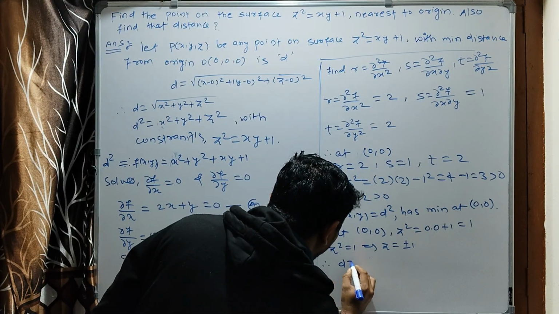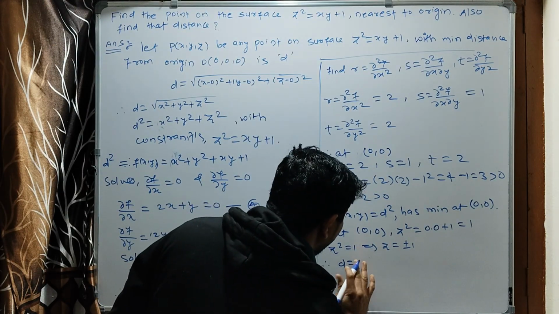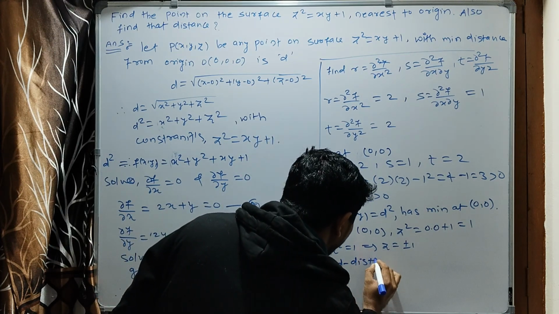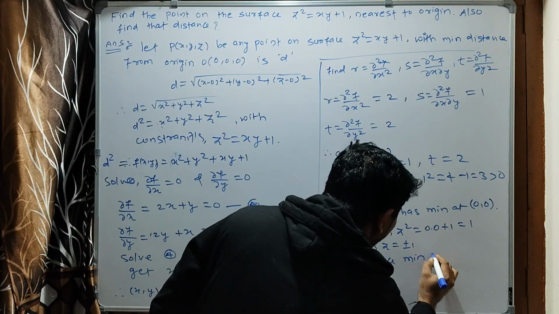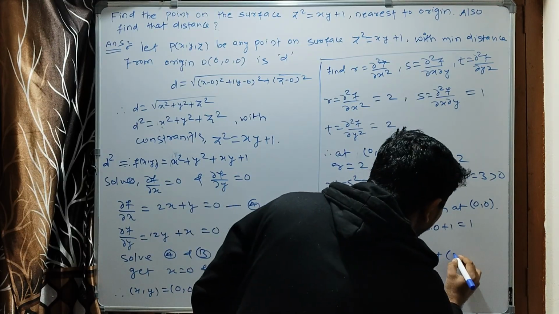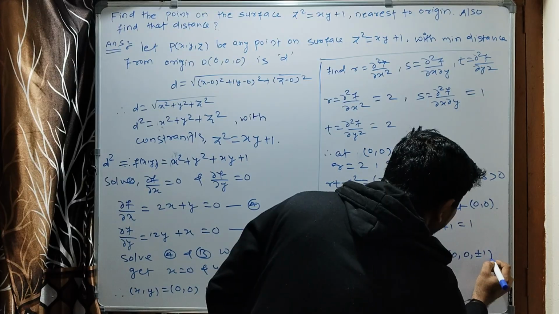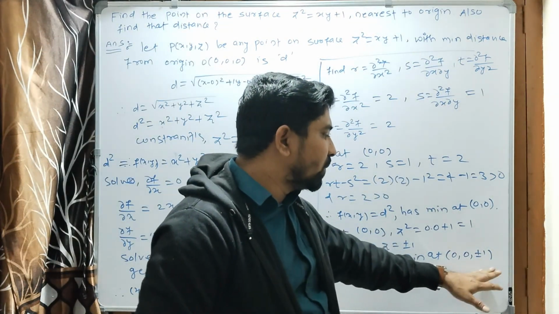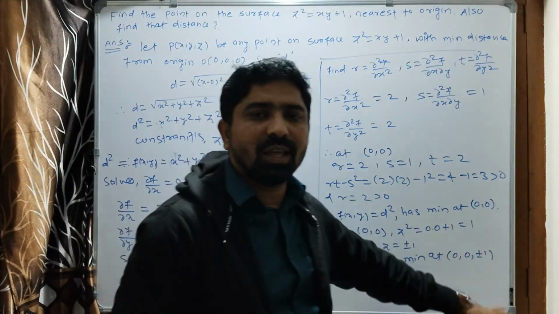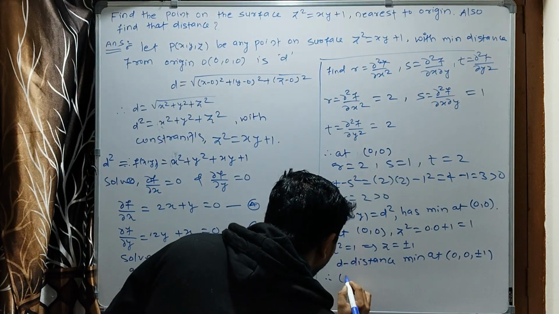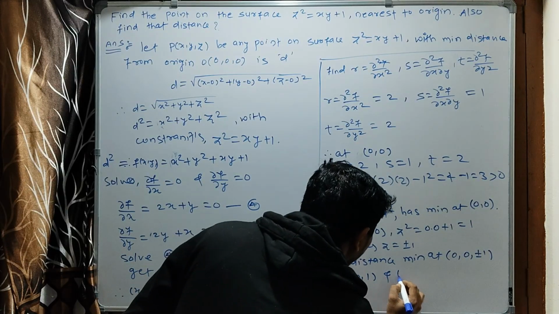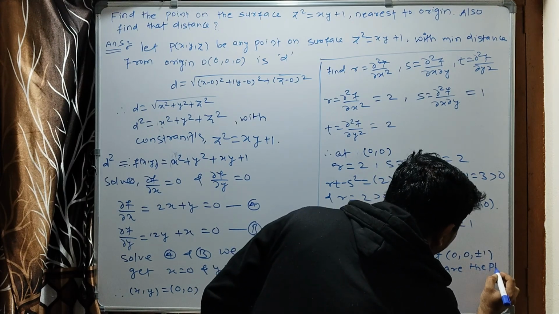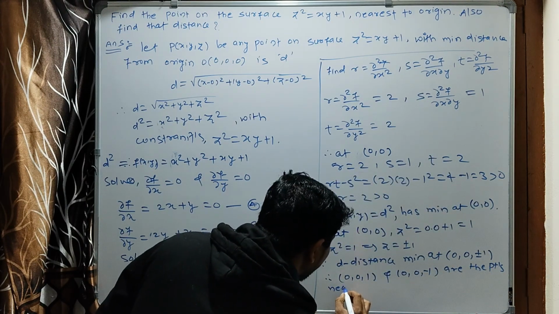So these are the coordinates of P(x, y, z) whose distance from the origin is nearest. Therefore 0, 0, 1 and 0, 0, minus 1 are the points nearest to the origin.